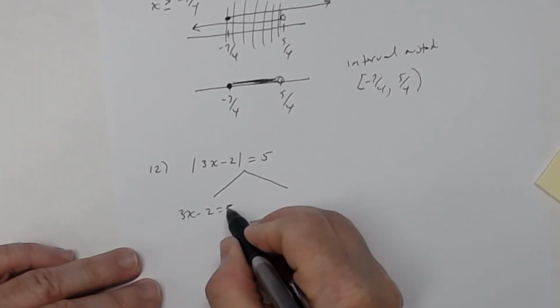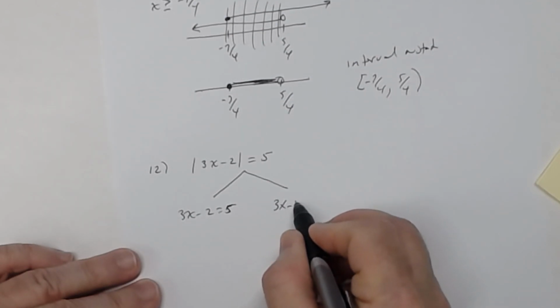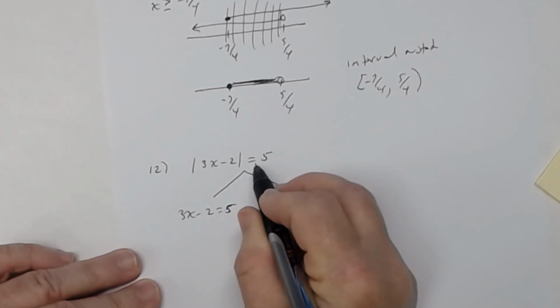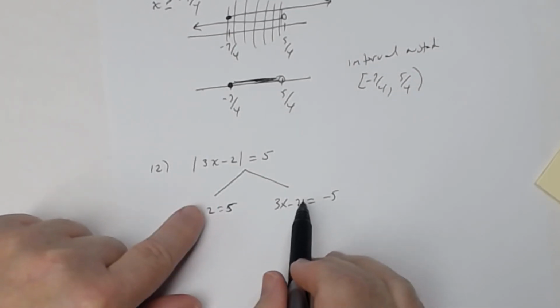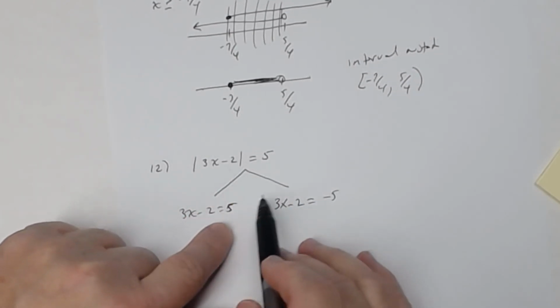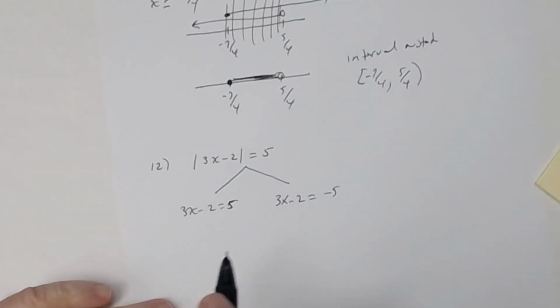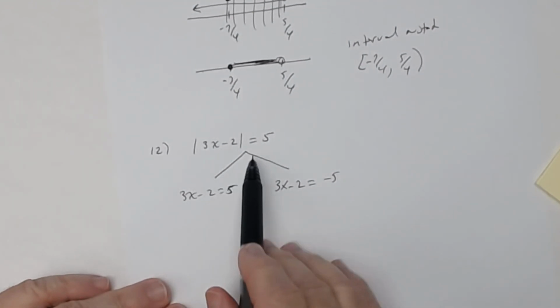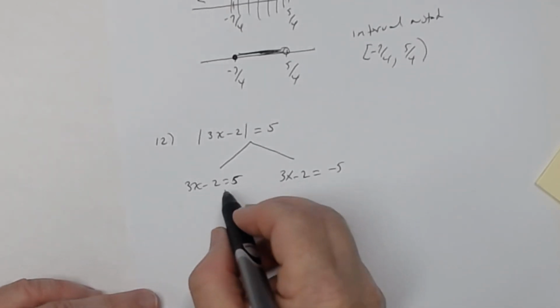That's that idea here. And then the other one's going to be 3x minus 2 is equal to the opposite of 5. So notice, 3x minus 2 is listed on the left in both, and then one's a positive 5, and then you do the opposite, which is a negative 5. And then you went from an absolute value equation to two linear equations. You solve the linear equations, and you're done.